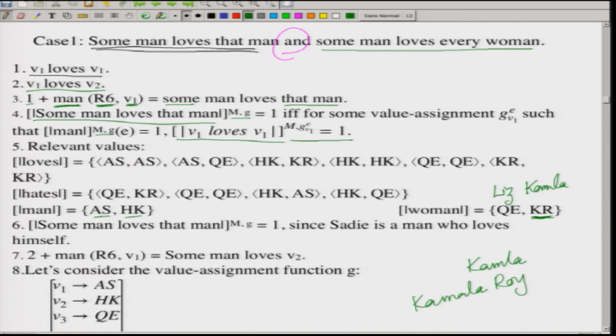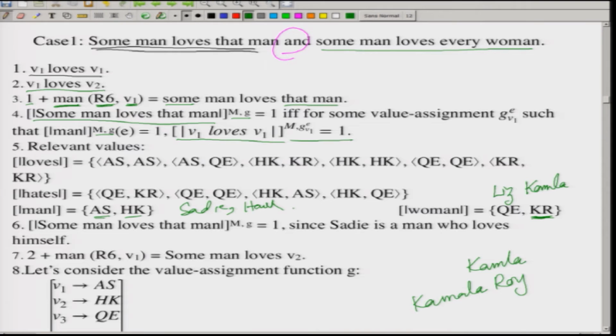And there are two men. Anwar Sadat is the real man, if you remember, but the name of Anwar Sadat is Sadie, and the other man is Hank, that is Henry Kissinger. Henry Kissinger is the real man, but Hank is his name.